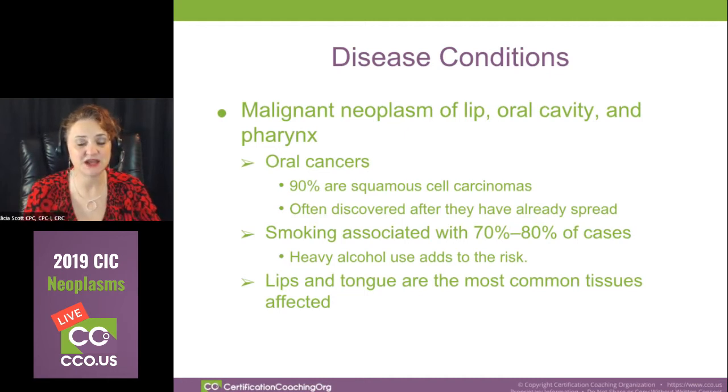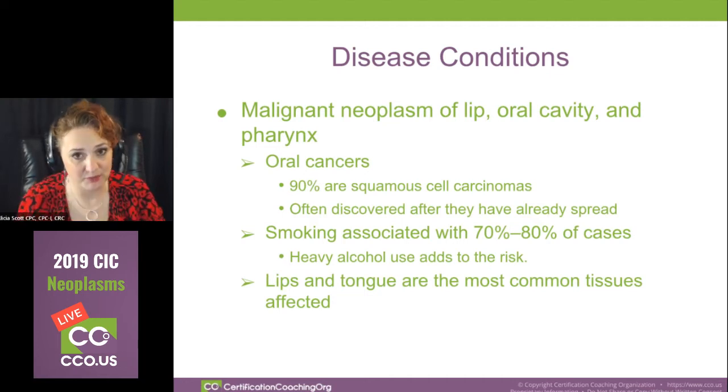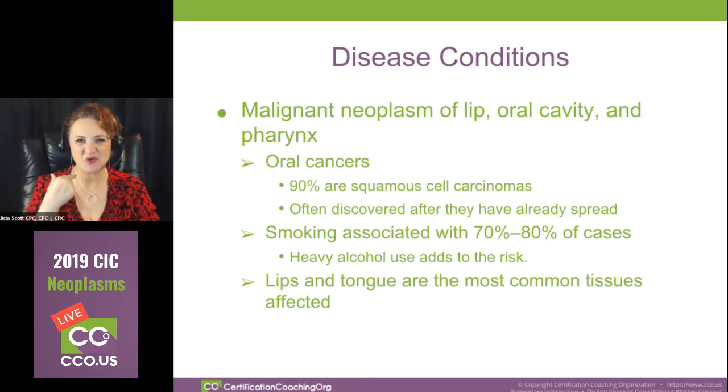So just because it's benign, you want to get that taken off. You don't usually find stuff like that until they've spread or gotten big enough that they cause a problem, especially in the pharynx. We're just going to think that the reason our nose feels stuffed up all the time is because we have allergies, that irritation, right? We don't go looking up our nose. If we got something on our lip, you bet we're going to identify that. But in the oral cavity and the pharynx, we're not going to see that until it gets big enough to be a problem.